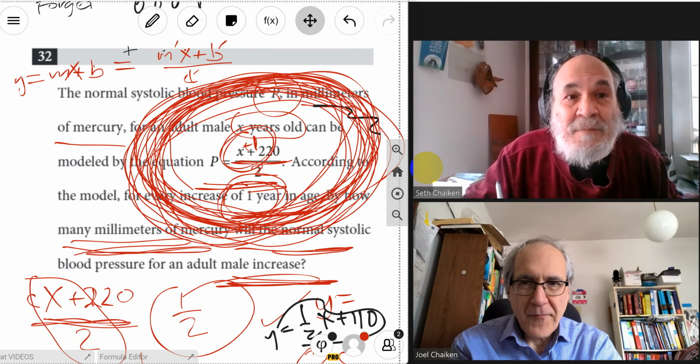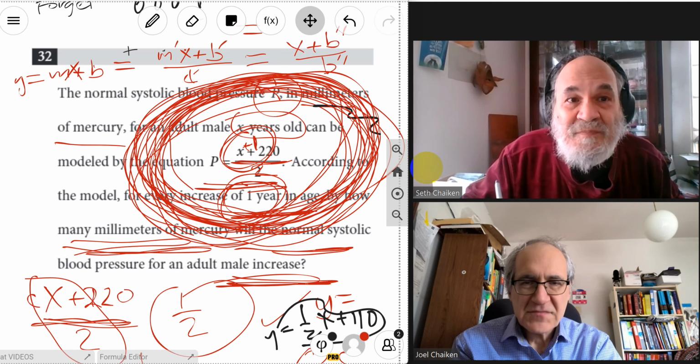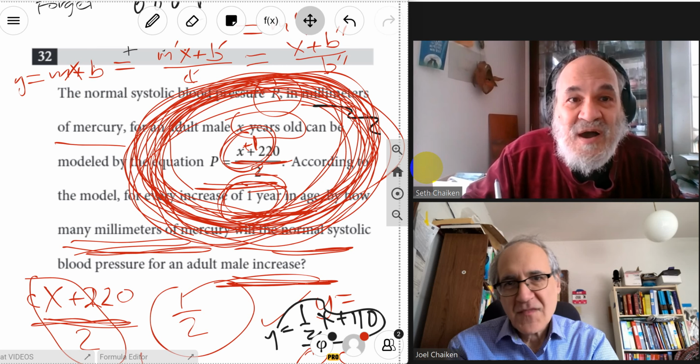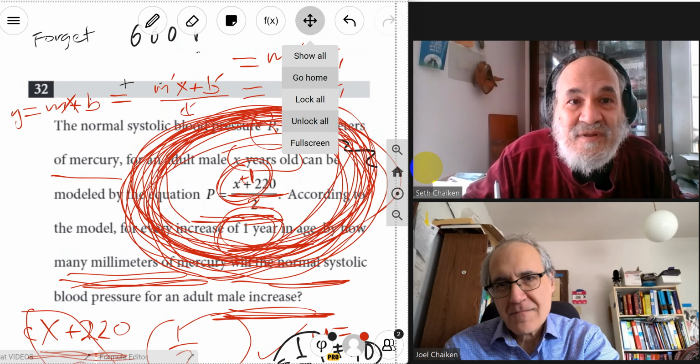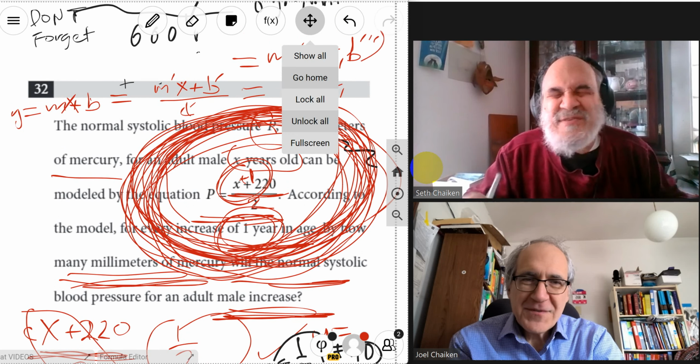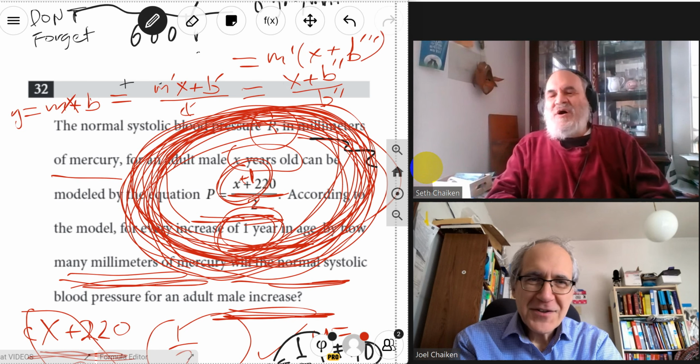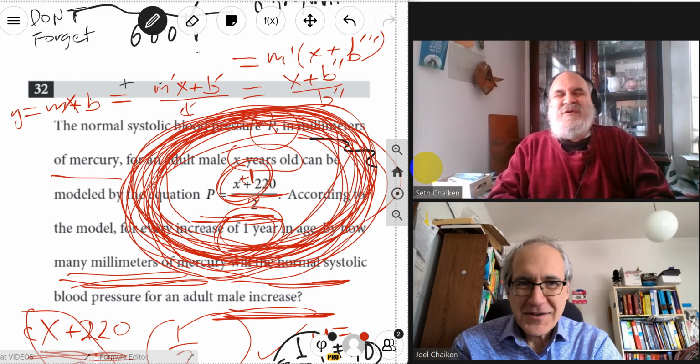Or here's another form: x plus b double prime divided by d double prime, or m prime times x plus b triple prime. They're all the same for me. Okay, but we're just confusing everyone. I know. That's how you think when you've been using this stuff for decades.